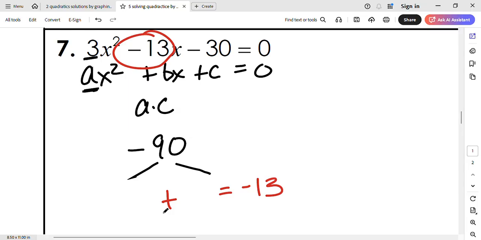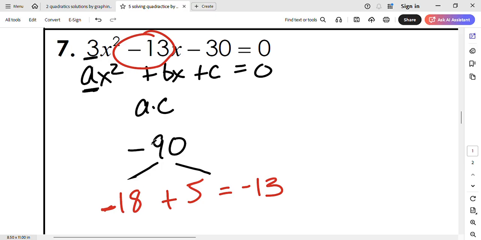Let me try 90 divided by 3. Well, that's 30. 30 and 3 to get to 13 is not going to work, whether I add them or subtract them. Let me do 90 divided by 4. Nope, that's a decimal. 90 divided by 5. I got 18. 18 and 5. Hold on, let me go back to my problem. Maybe I can use those. Maybe. So I need an 18 minus a 5, and one of them has to be negative. Oh, it does work. So that's how I would do it. Plug in the calculator, find it that way.